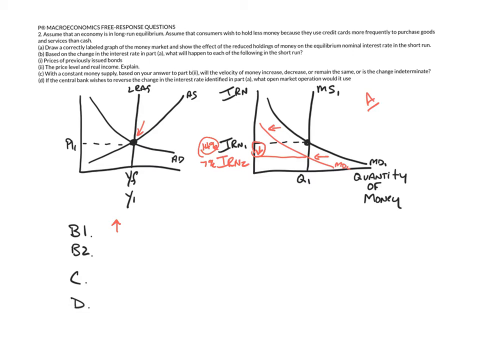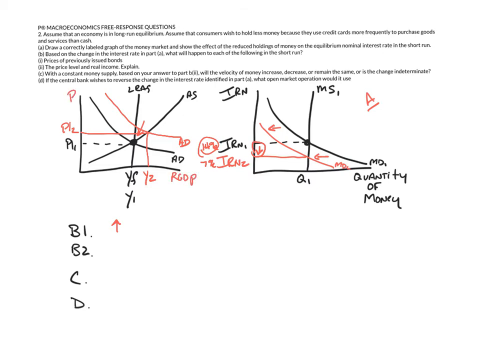And what we know is that investors love low interest rates, and what we'll see is aggregate demand would shift out to the right. Why? Because that's one of the determinants, investment. And we would actually see an increase in price to price level 2, and we would see an increase in real GDP.